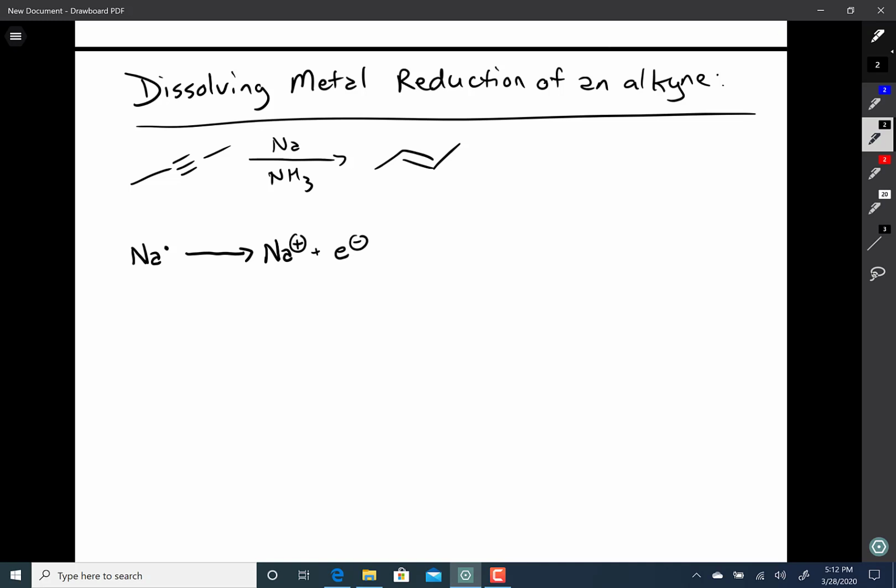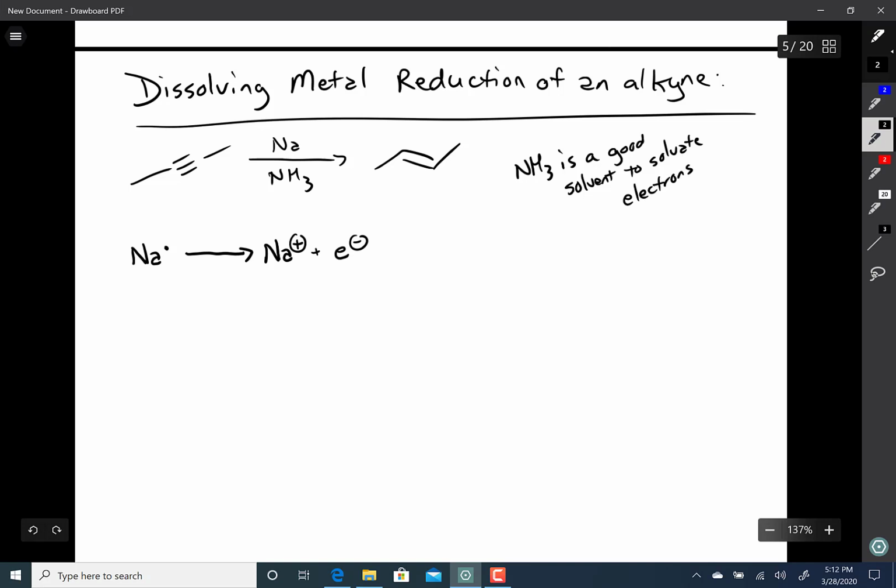And the reason ammonia is used is it turns out it's a very good solvent to solvate, or basically solubilize, electrons. It's a good way of getting the electrons to leave group 1 elements, by dissolving it in ammonia.